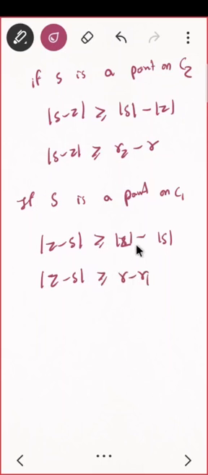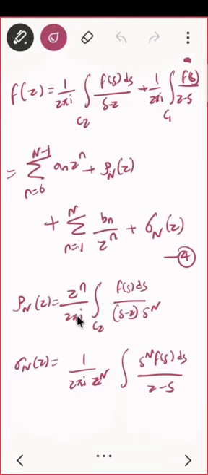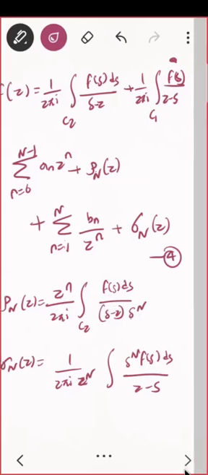Okay, so with all these inequalities I will have a bound for sigma n of z and something for rho n of z. Let us see what we get for sigma n. This is my sigma n, so for rho, sorry, this is rho n. So z raised to n over 2 pi, the estimate of s minus z, and the estimate of s raised to n, and the function m we already have, so it will be something like this.